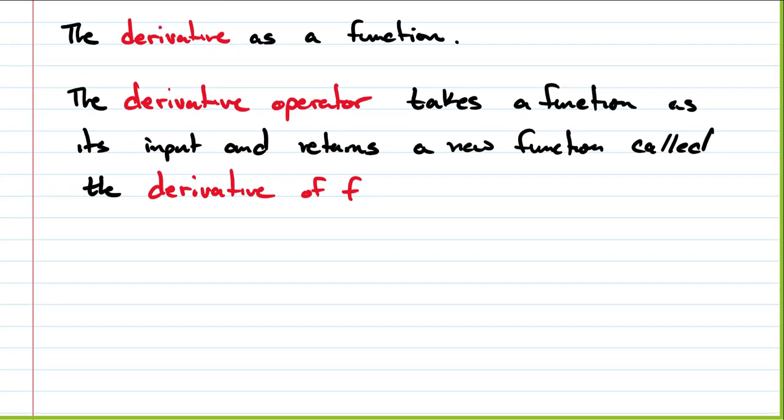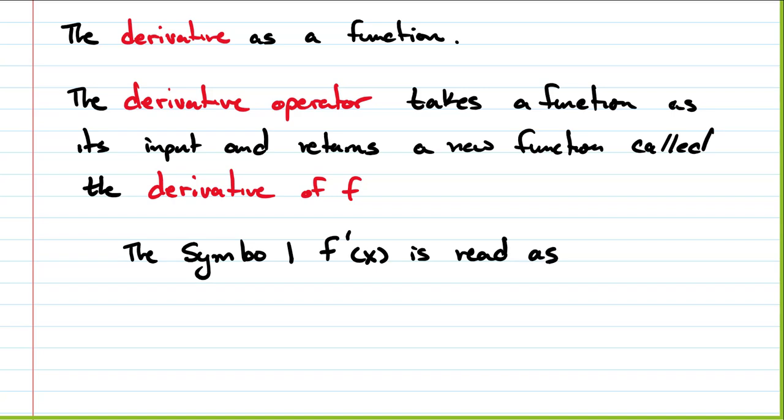So let's talk a little bit about our symbols that go along with the derivative. The symbol f with what appears to be an apostrophe after it, f'(x), is read as f prime of x.